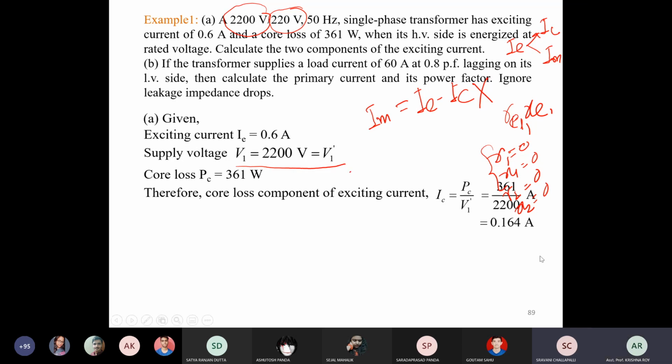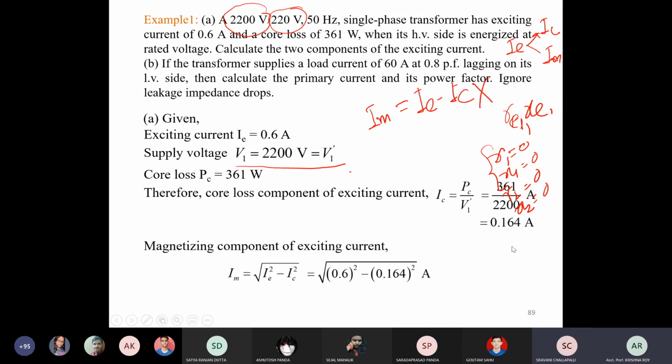IM will be equal to root under IE square minus IC square. So calculate this.